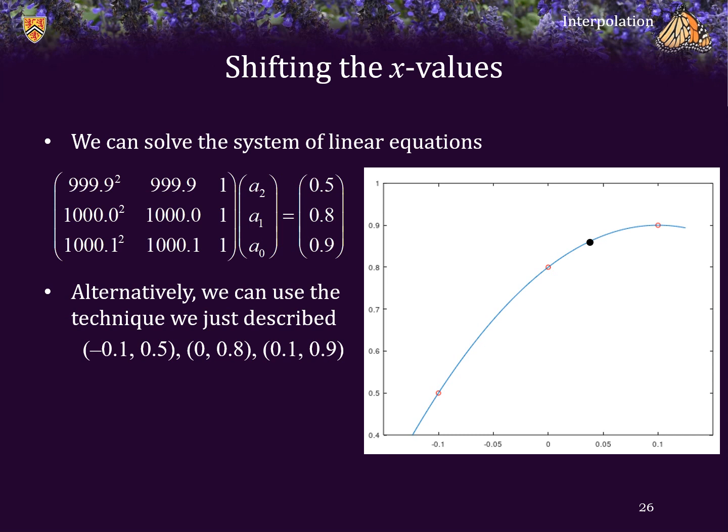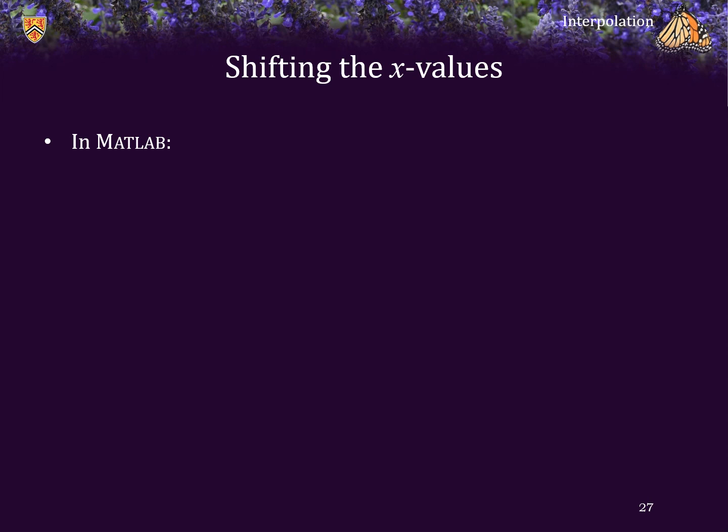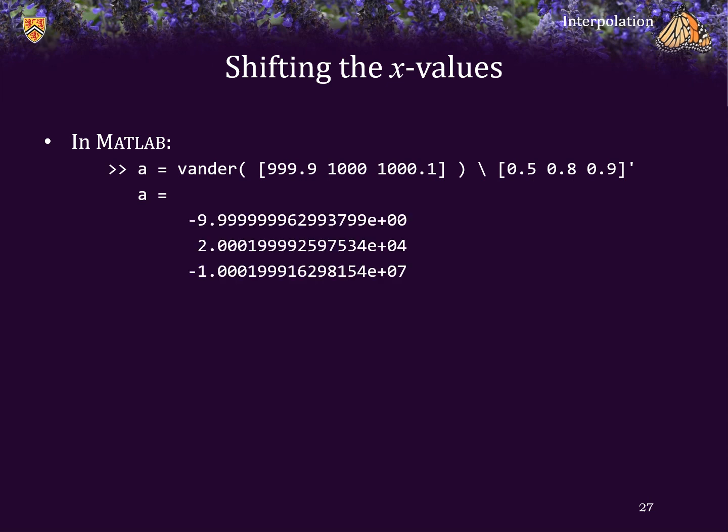Let's try both. All right, so in MATLAB, we could create the Vandermonde matrix from the original 3 points and solve that system of linear equations with a target vector with the 3 y values, which gives us these coefficients of the quadratic polynomial.